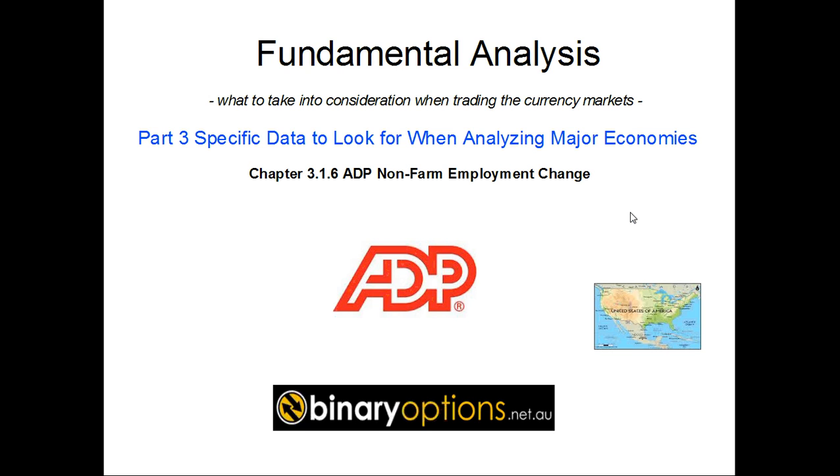Usually the ADP is released on the first Wednesday of each month, and then the NFP is released on Friday. So by the time you have the ADP release on Wednesday, the markets can change their forecast regarding the NFP that should come 2 days later.